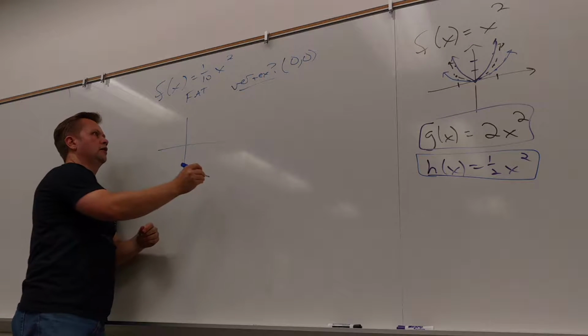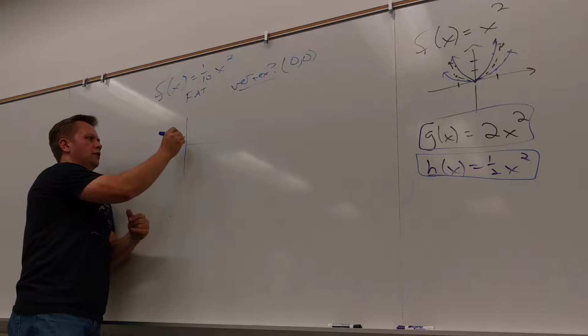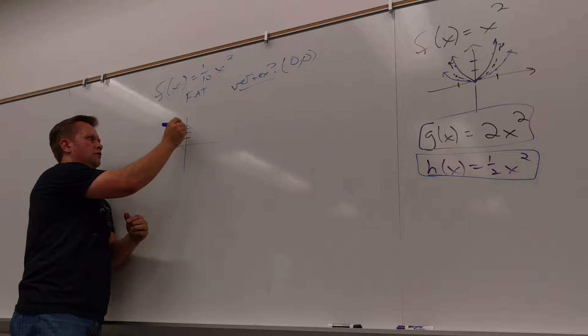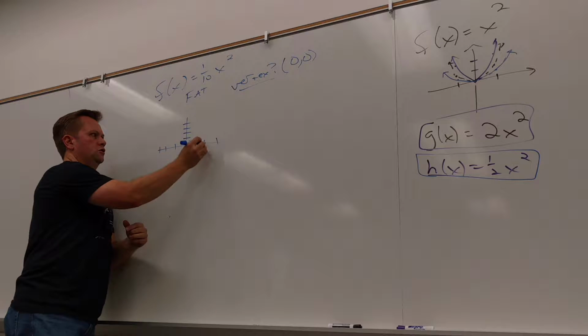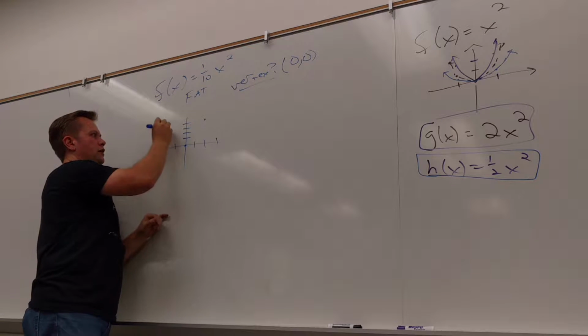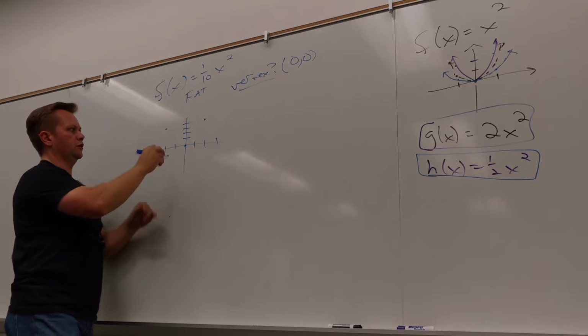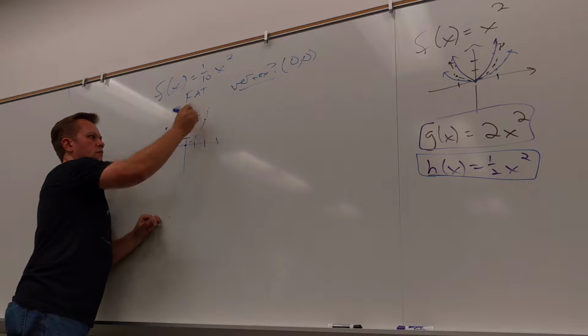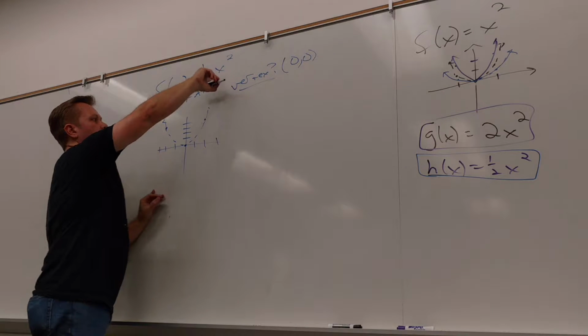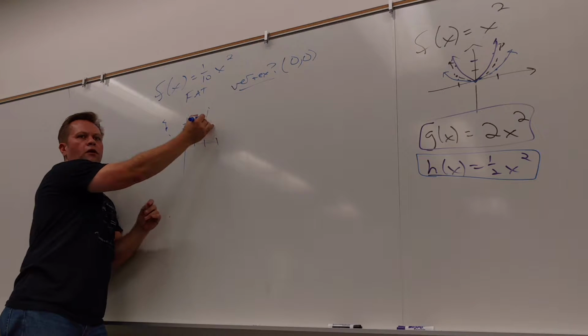So graphing this wouldn't be that difficult. I might go out to 2, 4, and -2, 4. My scale is horrible, but it will work. And then I take 1/10. So what's 1/10 of 4?